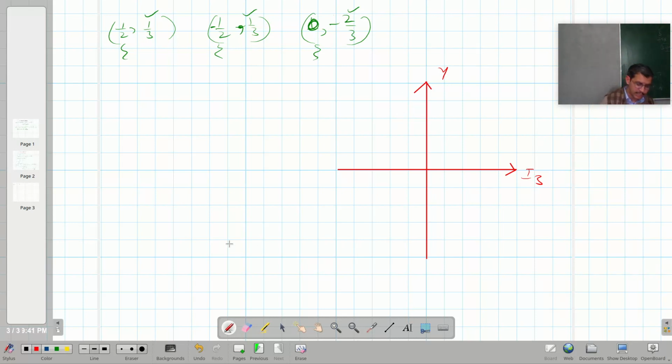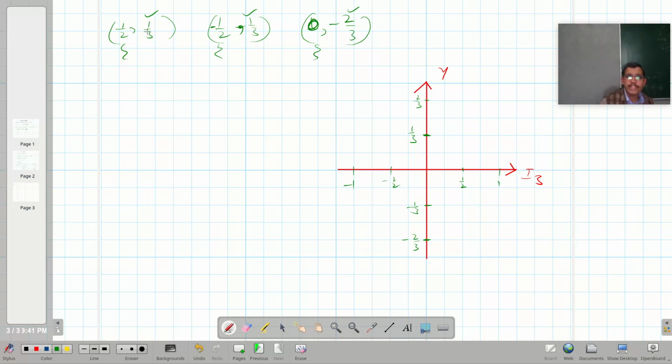Say it is 1 by 3, minus 1 by 3, 2 by 3, and minus 2 by 3, and here it is 1 by 2 and minus 1 by 2, and 1 and minus 1, right?